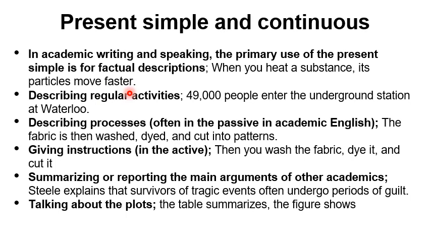Another usage of this tense is talking about regular activities. It is also a fact, but in the form of regular activities. For example, 49,000 people enter the underground station at Waterloo.